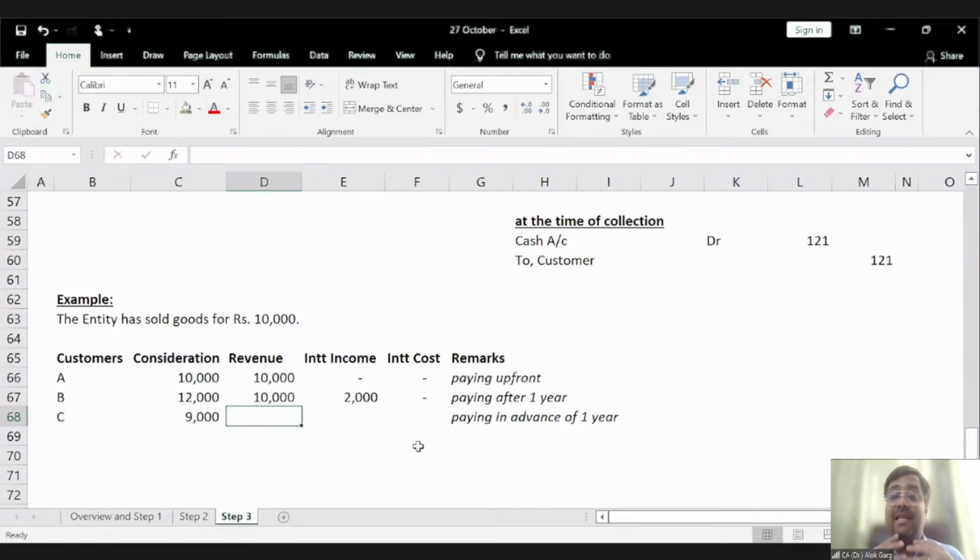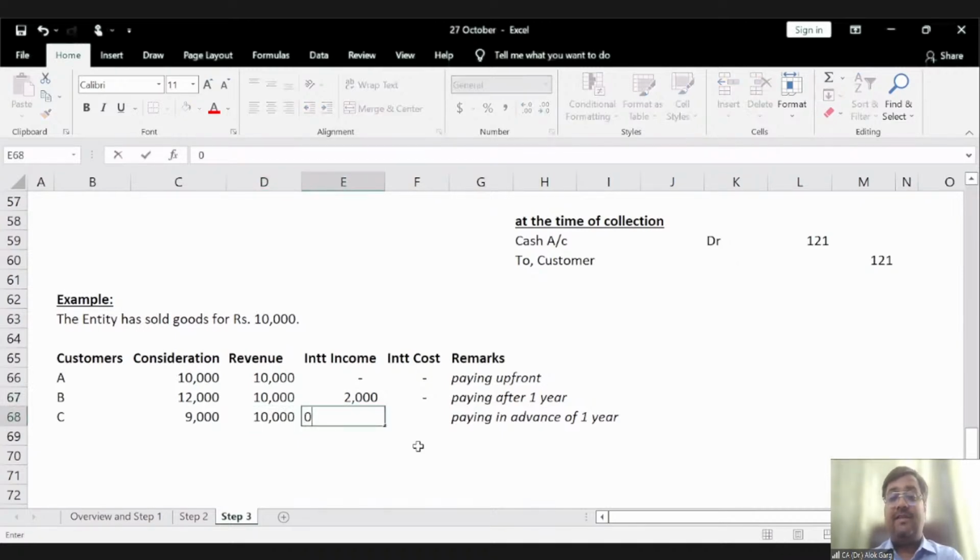It means the customer is funding the operation of the entity. The customer is facilitating the advance money to run its operations. So it means the customer has given a loan to the entity. And revenue has to be recognized at the normal price, at the standalone selling price. What is the revenue in this case? The revenue in this case will be 10,000 rupees.